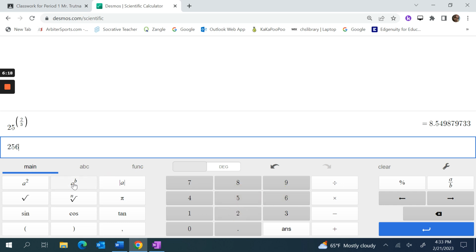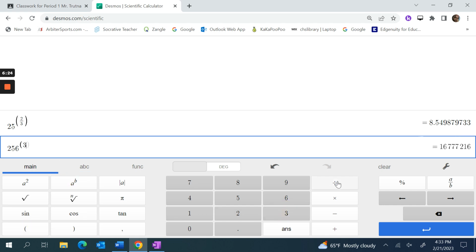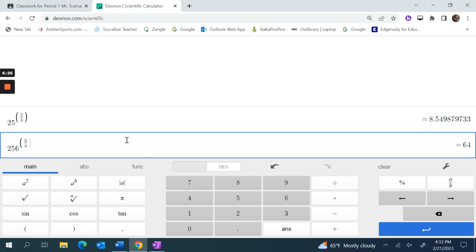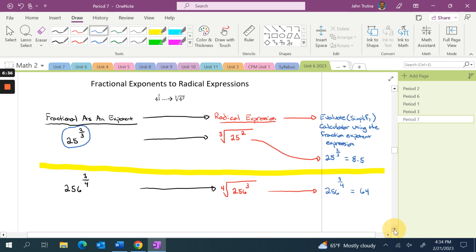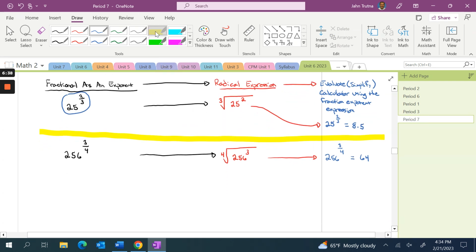Then you use your exponent function, which mine is at AB. Then you go parentheses and type in the fraction, 3/4. And you can see the answer is 64. So evaluating 256 to the 3/4 power is equal to the whole number 64.